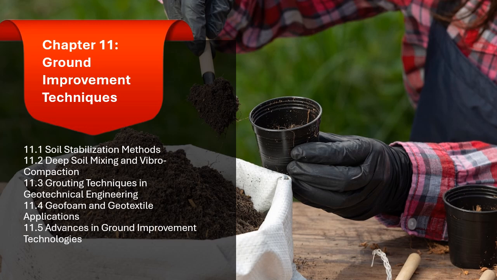Purpose: this method is environmentally friendly and can enhance the shear strength of the soil, making it more resistant to liquefaction, erosion, and settlement. Applications: useful in strengthening weak soils and improving the foundation of structures in areas where chemical stabilization is not feasible.